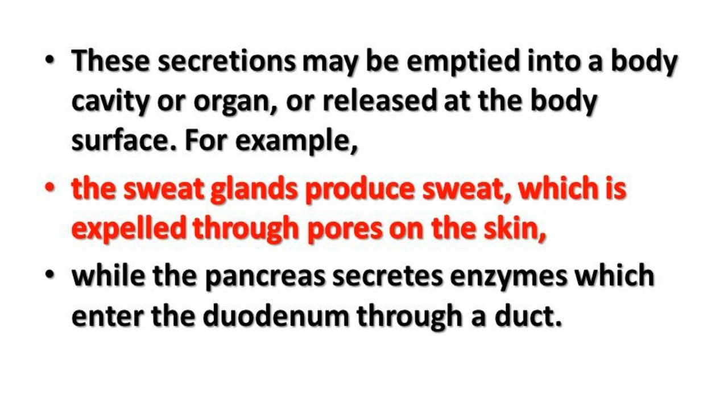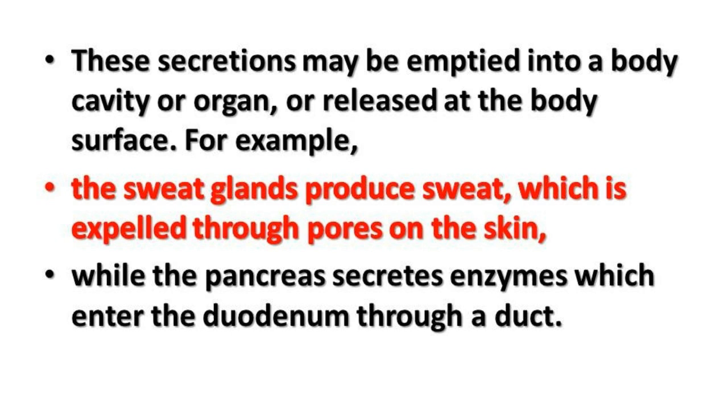For example, sweat glands produce sweat, which is removed out. That is an exocrine gland, which expels through pores on the skin. The pancreas secretes enzymes which enter the duodenum through a duct.